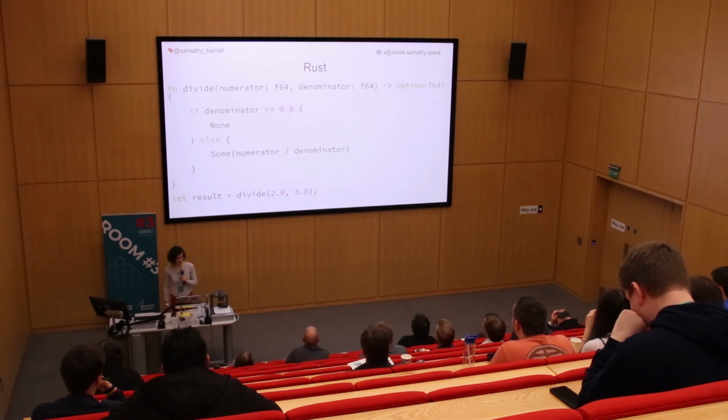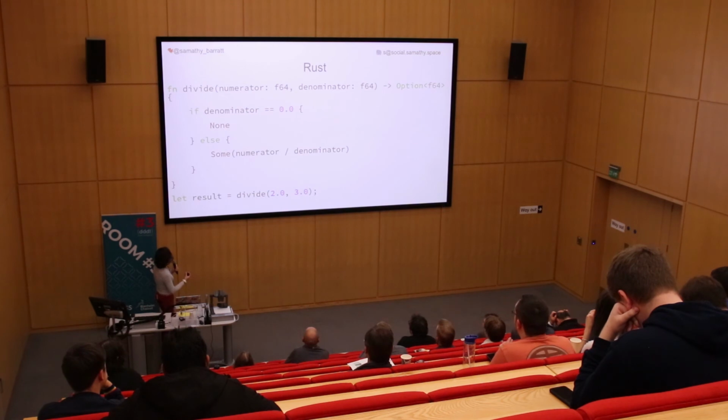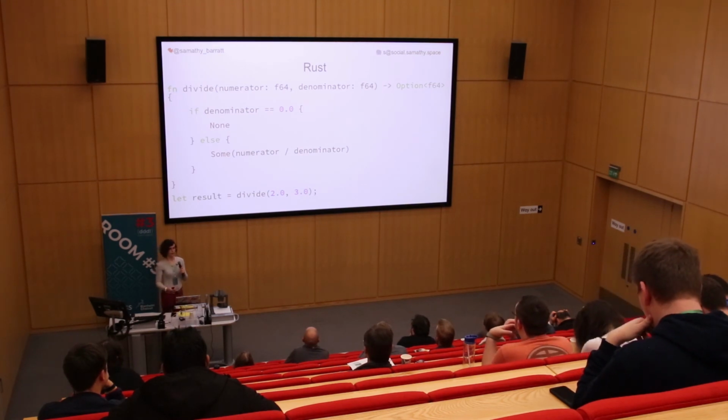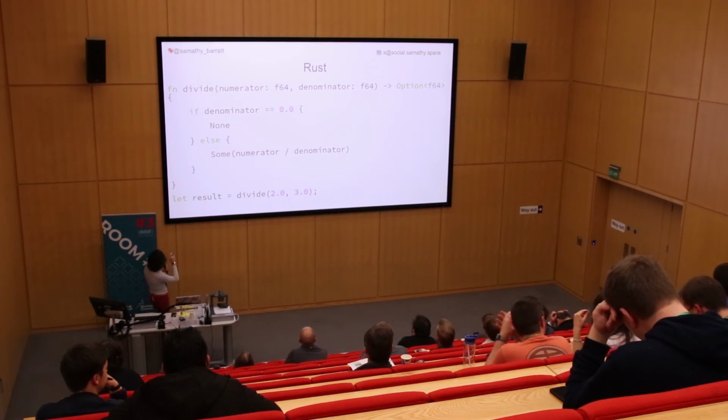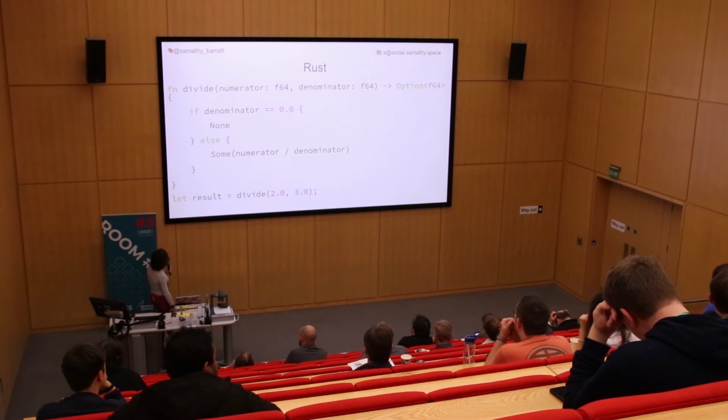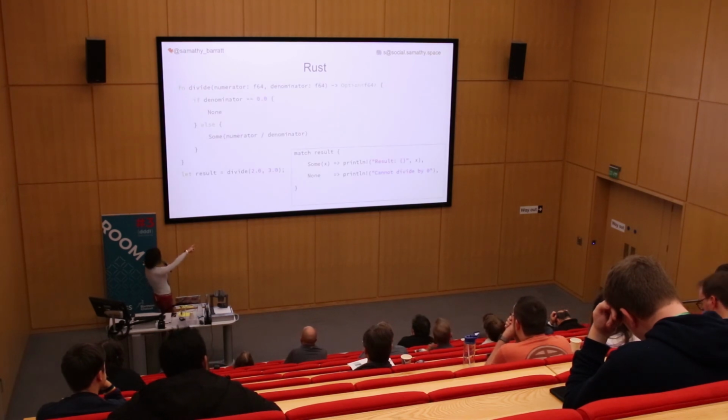Rust doesn't allow references to be null. The only way you have to say that something does not contain a value is with an optional type. I think that's really cool. We've got the matching syntax here.